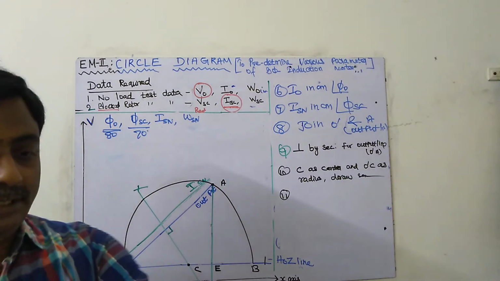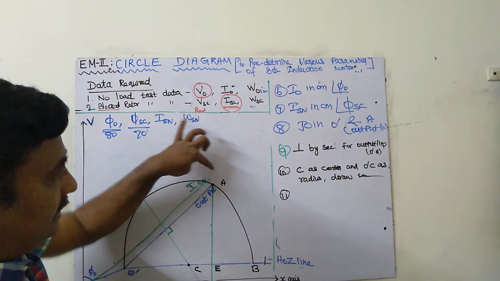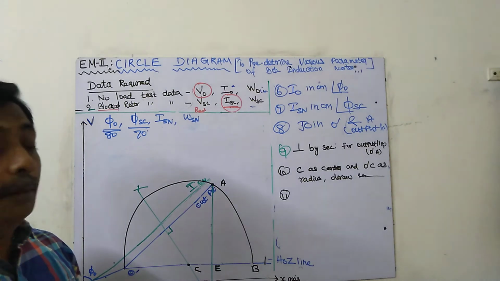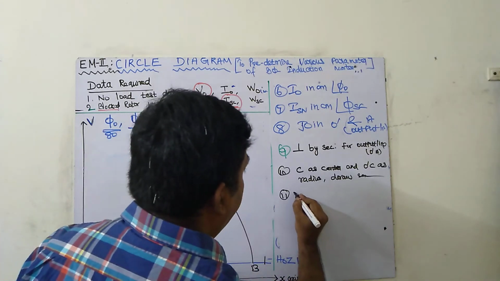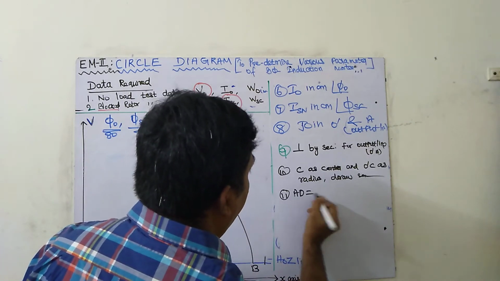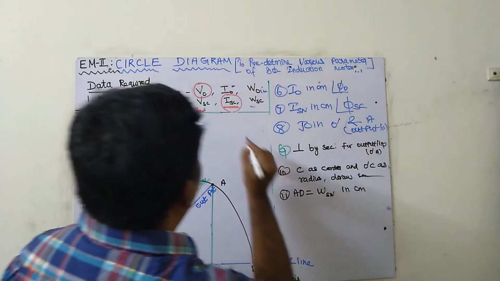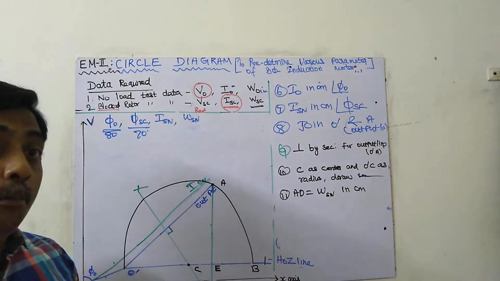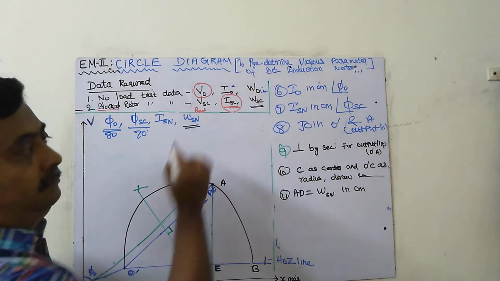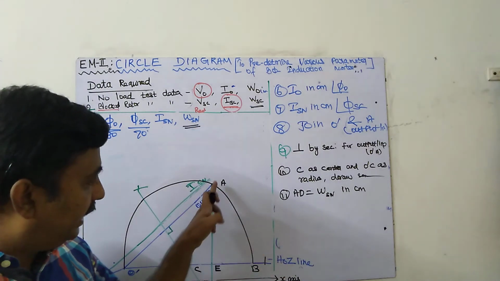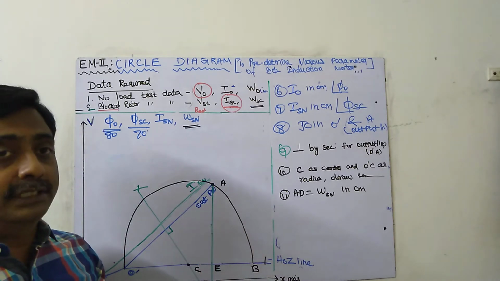What is the meaning of this? AD represents WSN in centimeters. We know the WSN value as power value, how much power we got, but here AD represents WSN in centimeters.